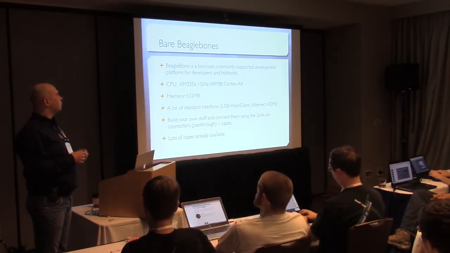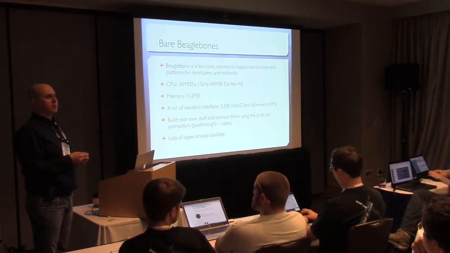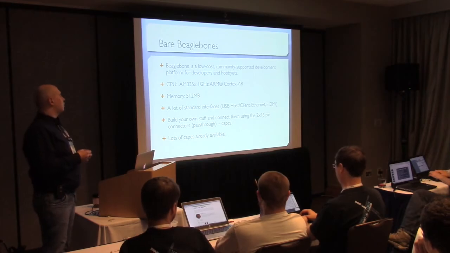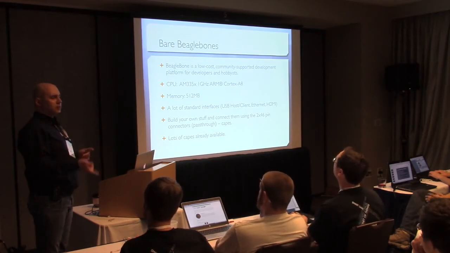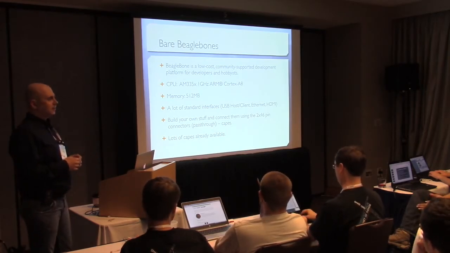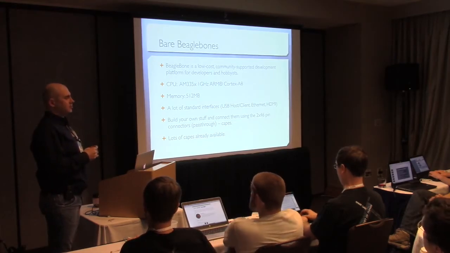The BeagleBone is very low cost, $50. I don't know how much it is right now. It's 45. 55, I think, the new one. Yeah, the new version is more expensive, just because they need to run Debian on there.